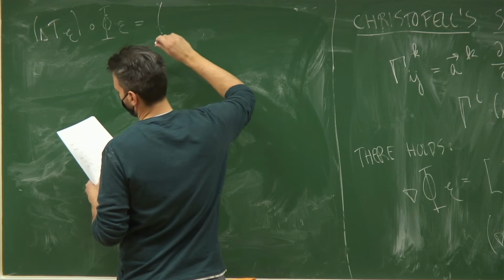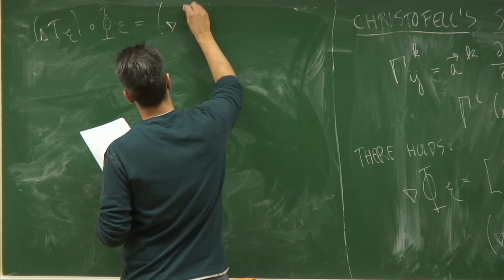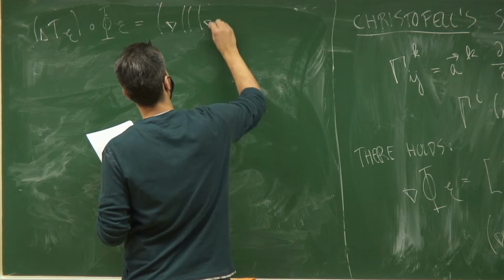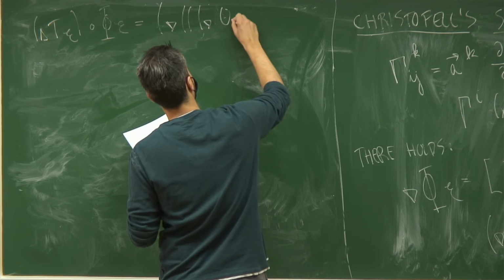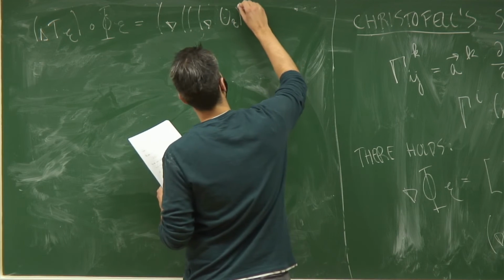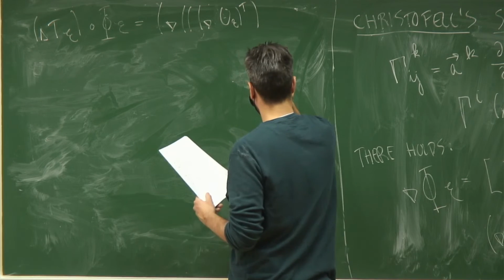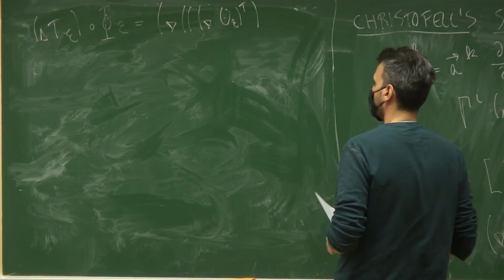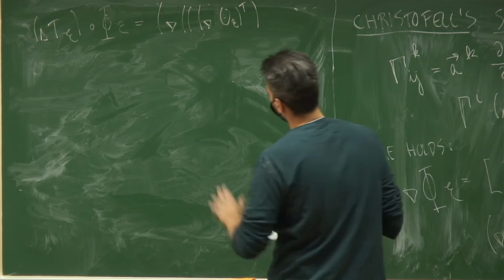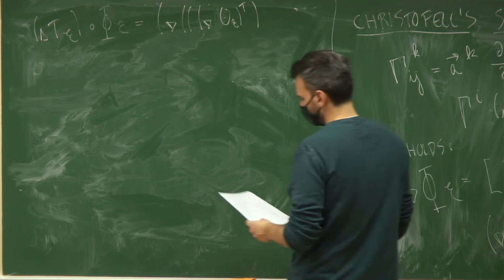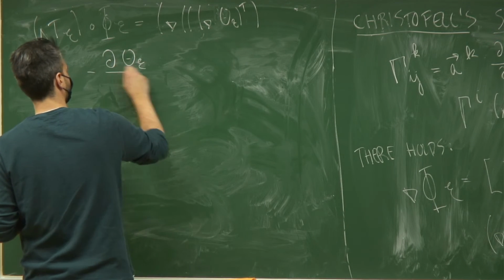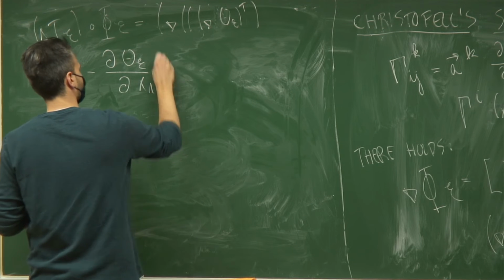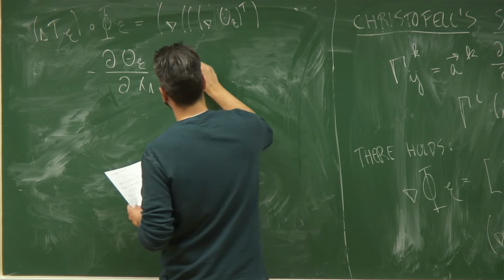It's a bit complex. So it's the gradient of this, given in this form, where this theta is the temperature defined on the straight pipe. So minus, I will write this down, gamma 1.